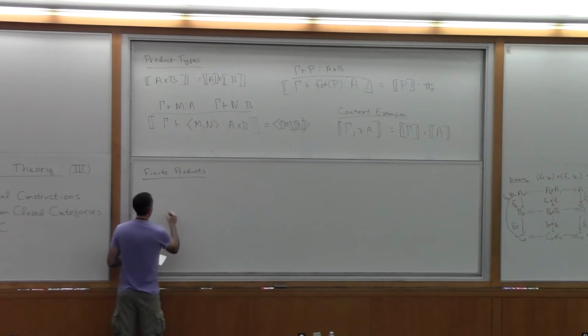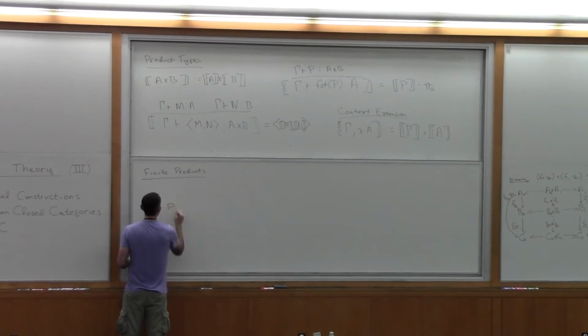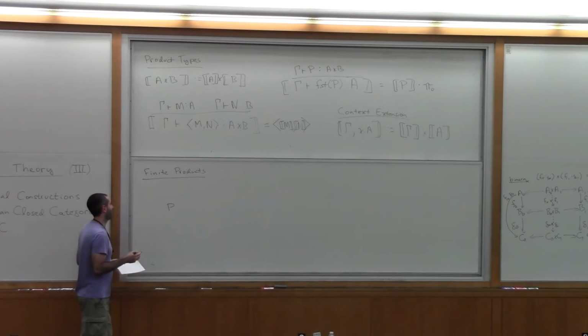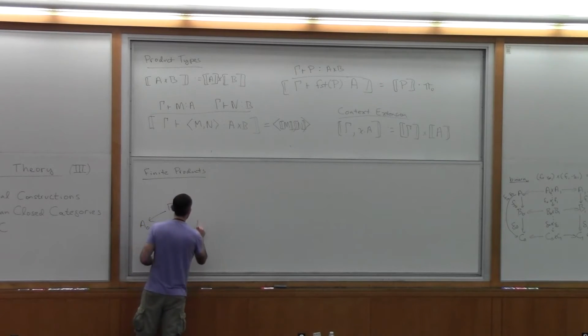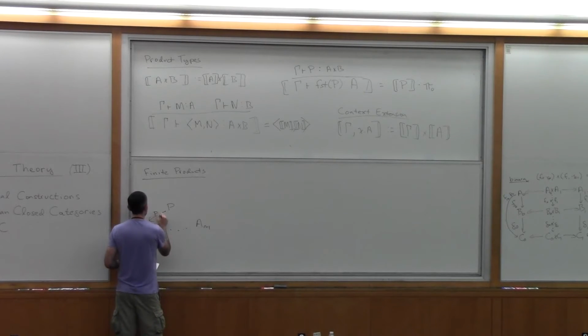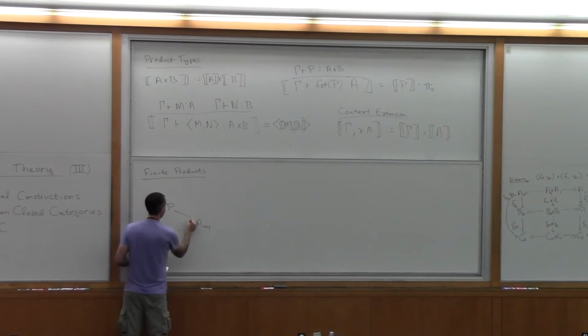Okay, so an n-ary product would be an n-ary span. Here are our n factors, a0 up to, I guess, an minus 1, and here are the legs of the span.